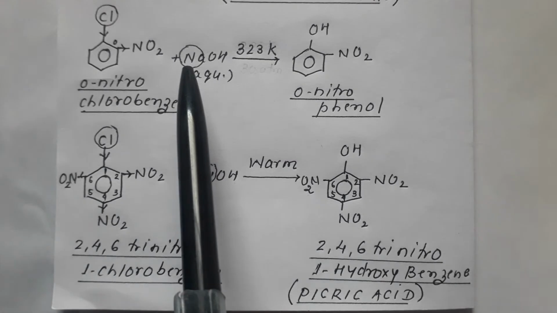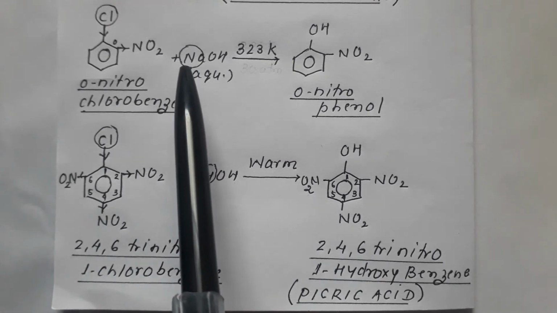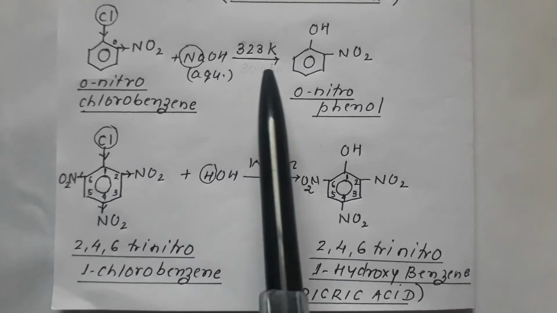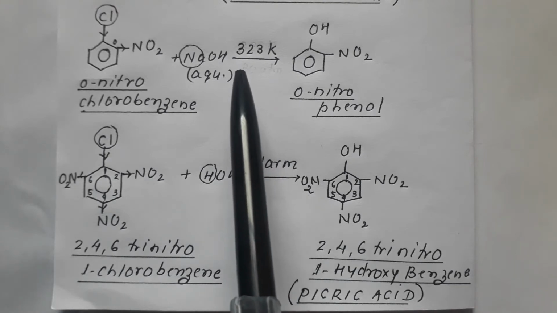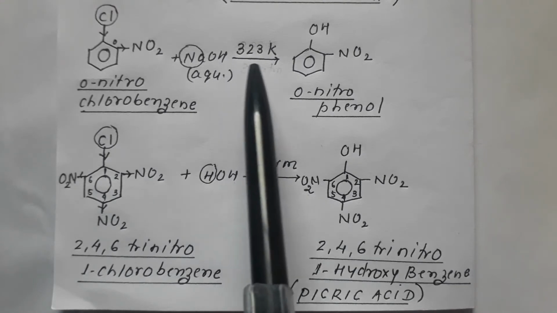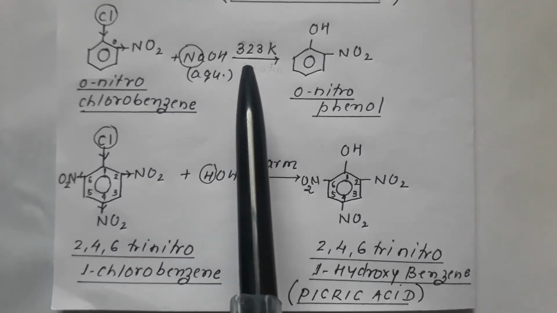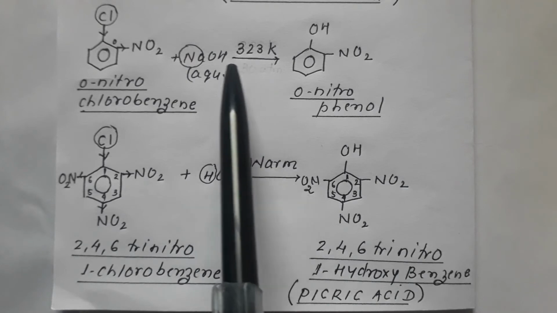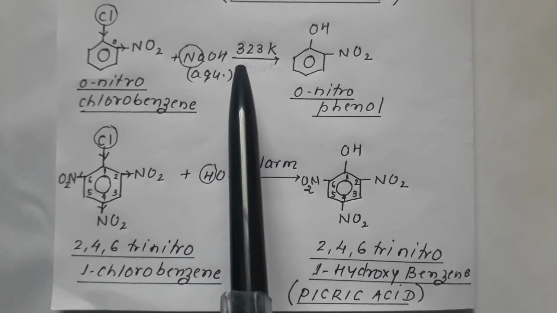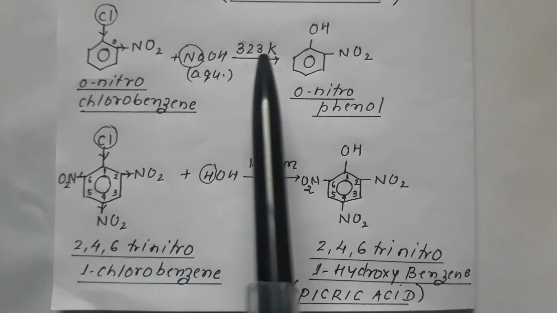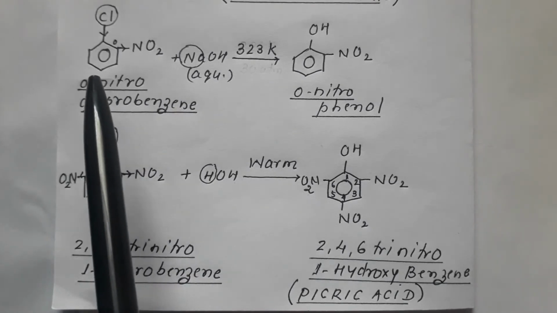When this is made to react with NaOH, remember, instead of 623, the temperature requirement is only 323 Kelvin. That is, the temperature has reduced a lot. So this reaction taking place at lower temperature proves that yes, haloarene has become more reactive.